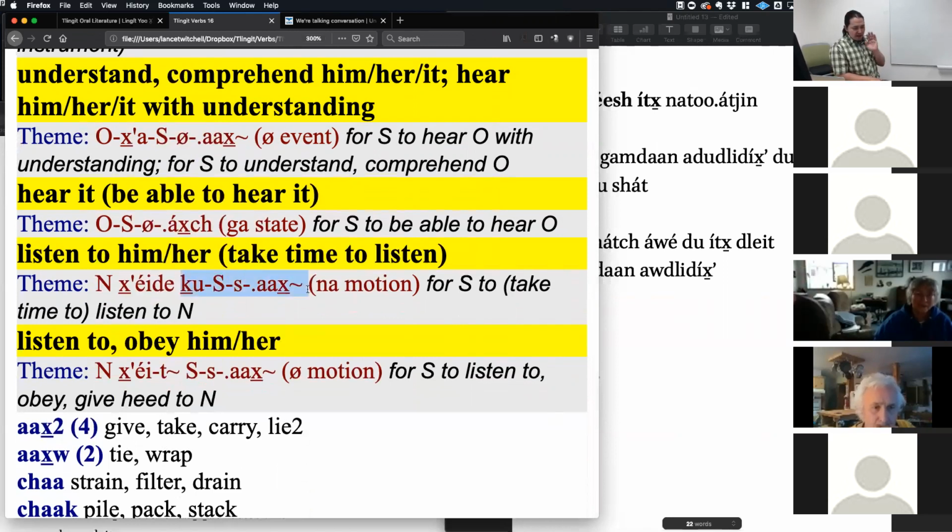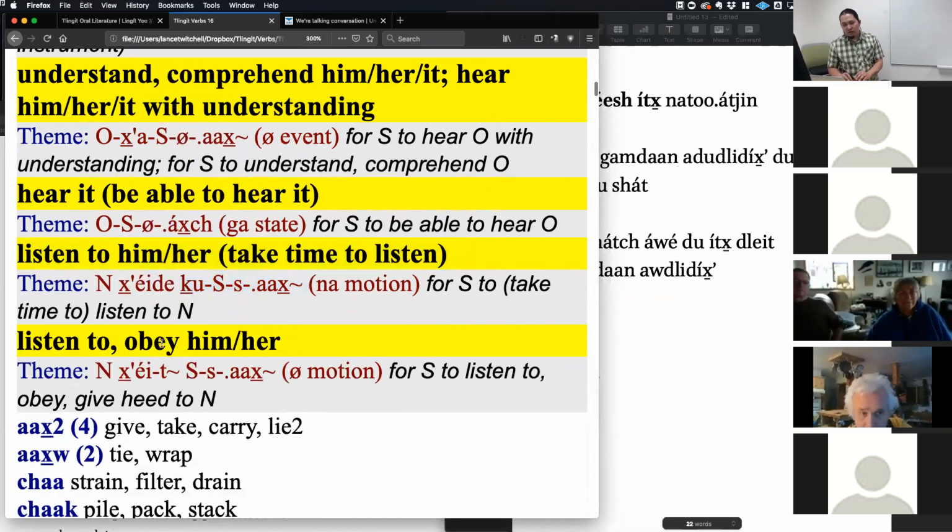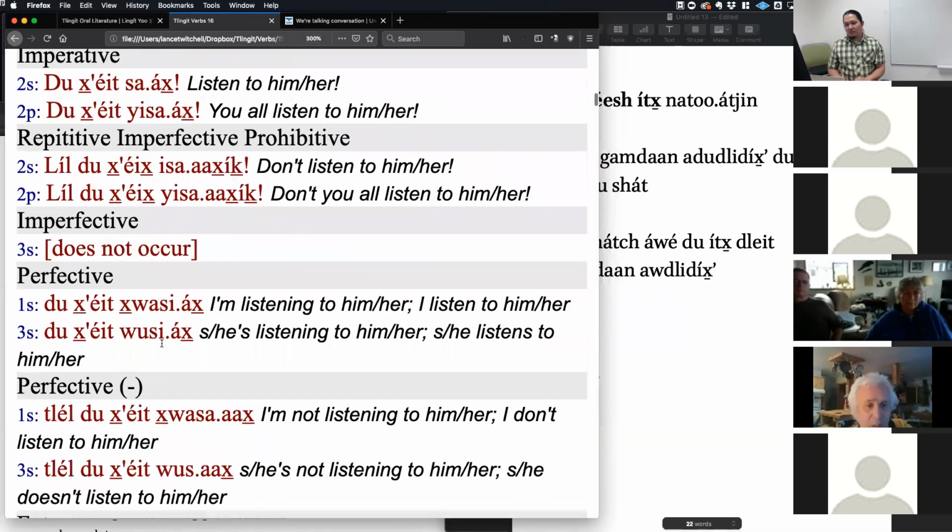They're both going to have to do with ha'ish, ate. But then it's just a matter of, are we taking the time to listen, or are we listening and doing what he says? Doing what he says, yeah, so it would be this one.